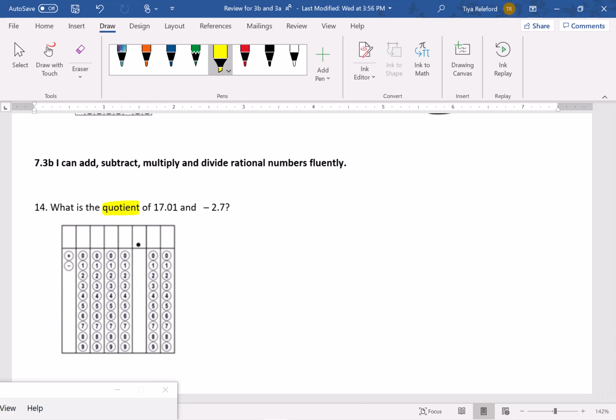Quotient means divide. Make sure 17 goes in the box. Make sure you move those decimals. And make sure your answer is negative, because this is a tic-tac-toe or a TED problem.